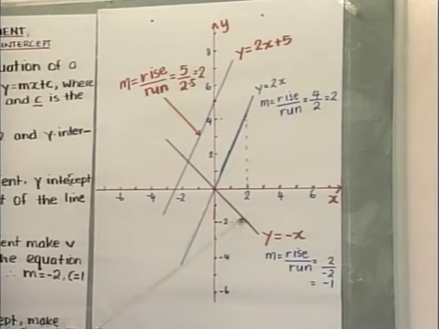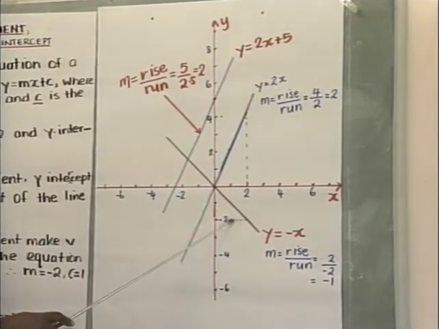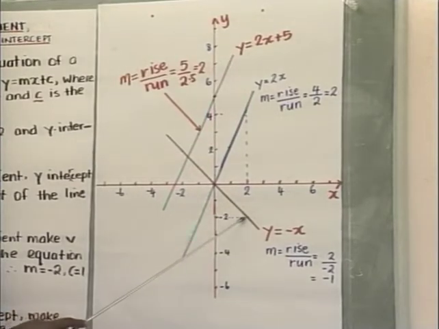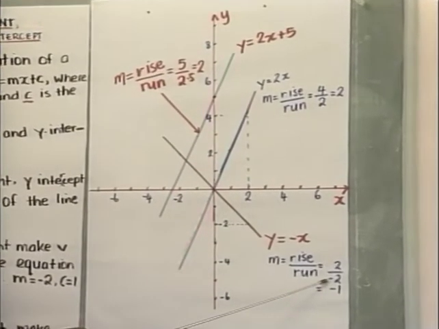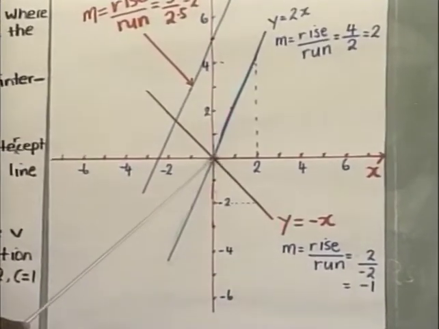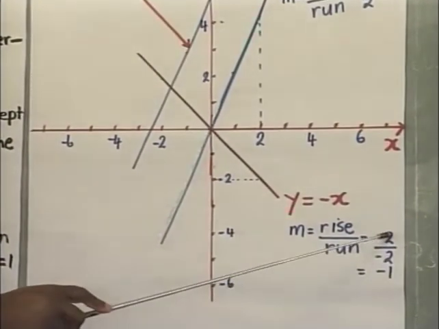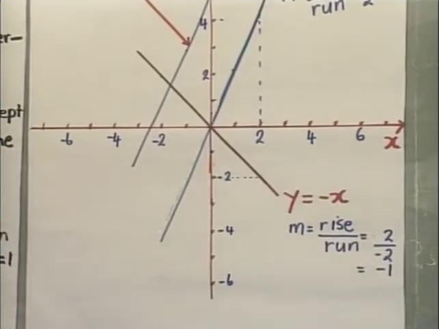Okay, if you look at the line, you are going back, you are going to the left. It's 2 units to the left from here to here, and I've got the run to be negative 2, because from here up is positive. That's why the rise is positive. So positive 2 over negative 2 will give negative 1.